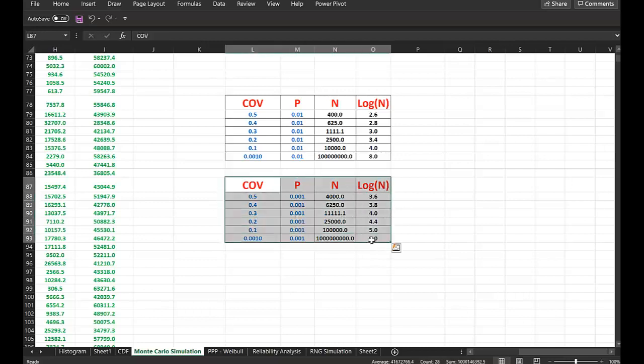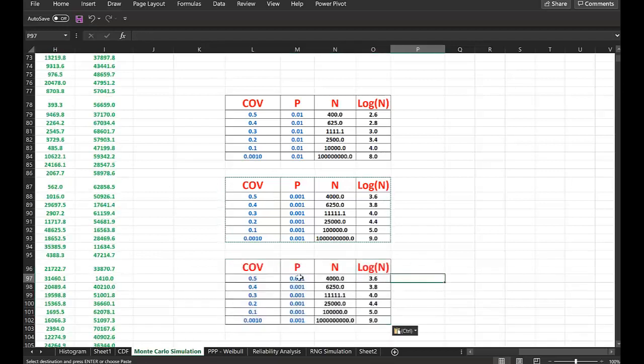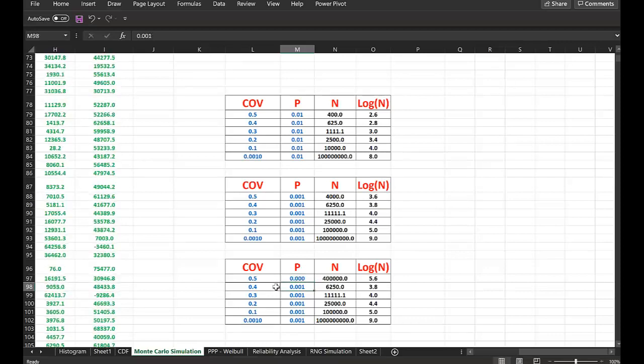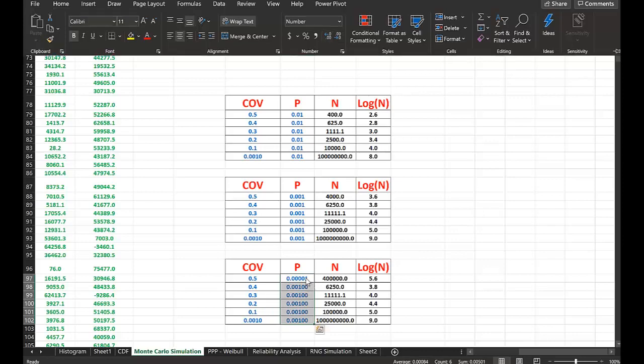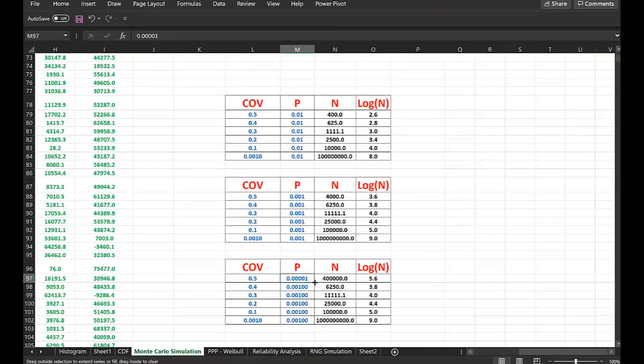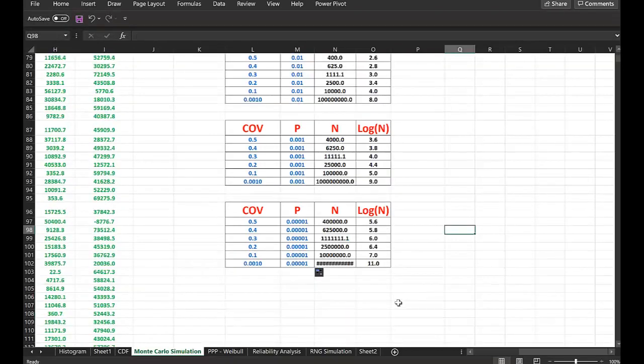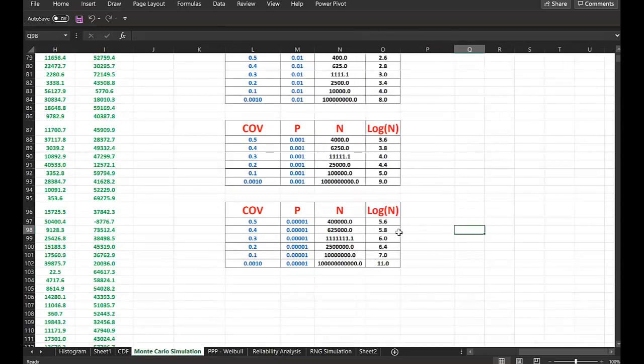Similarly, I can calculate for 10 to the power minus 4. Now in this case, the number of sample size also increases.